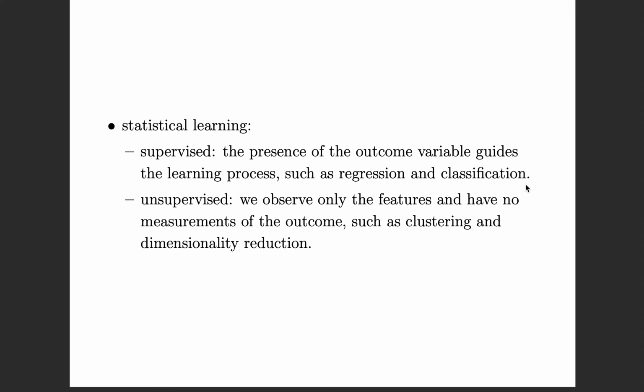And the simplest kind of regression is linear regression. And then if the response variable is categorical, if the response variable refers to classes, groups, then we call it a classification problem.